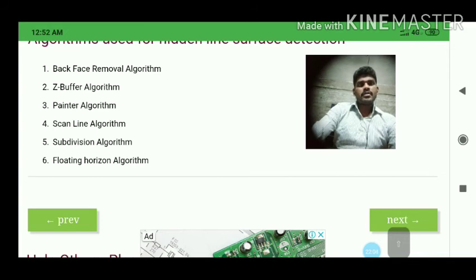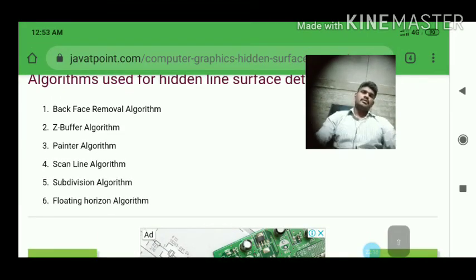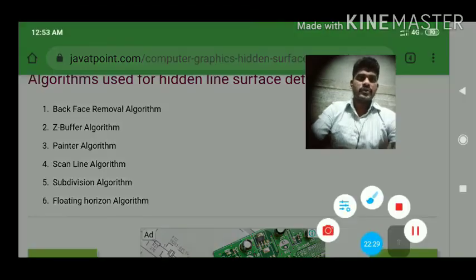Then the Painter's algorithm, the scanline algorithm, the subdivision algorithm, and the floating horizon algorithm. These are all algorithms we are using for hidden surface removal or visible surface detection.